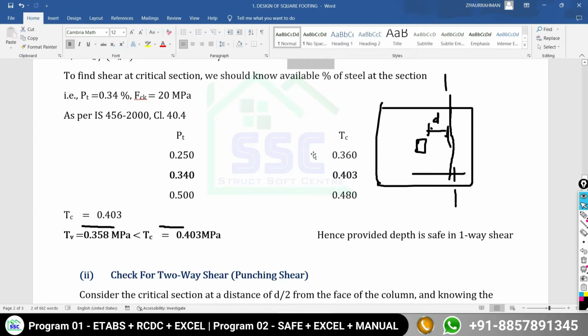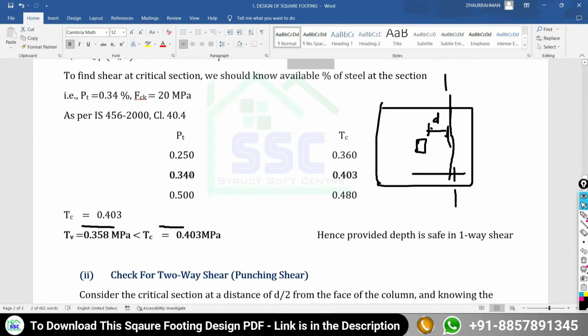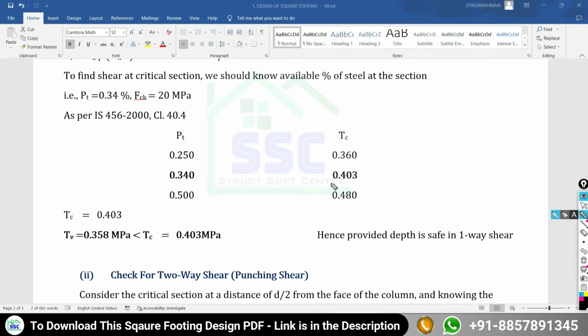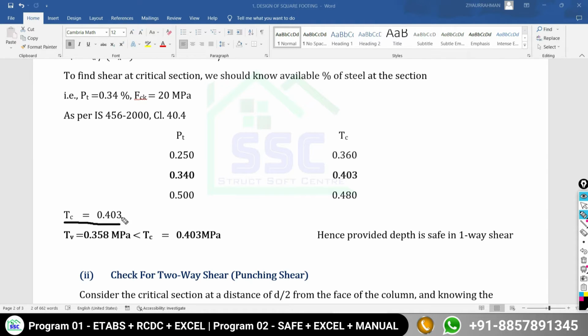So for 0.34 you need to find the critical shear. For 0.34 percentage you need to do the linear interpolation, and with that linear interpolation you will get the critical shear as 0.403 MPa. Now compare nominal shear with the critical shear.